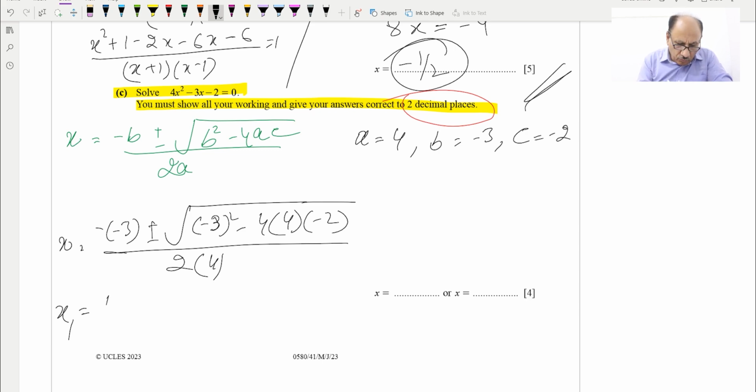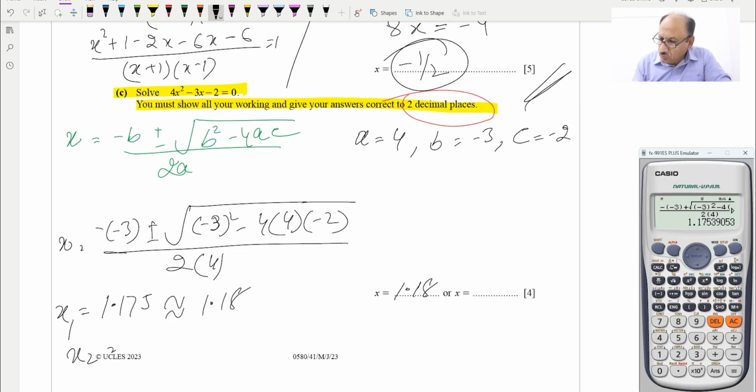1.175, and approximately we can write 1.18 because they are saying 2 decimal places. So one answer is 1.18, and for the second value x2, instead of plus we change into minus.